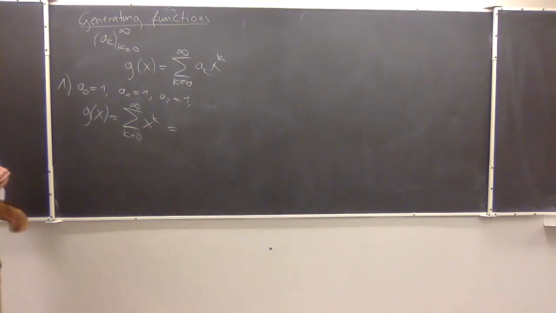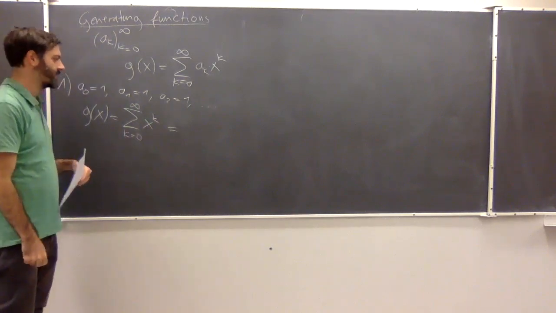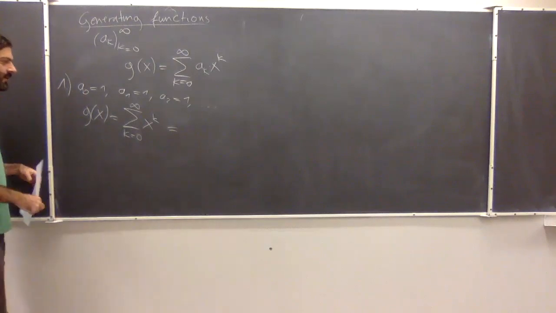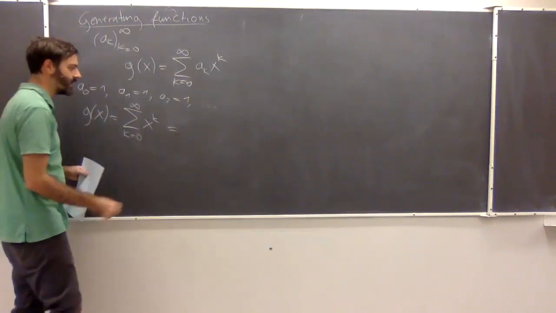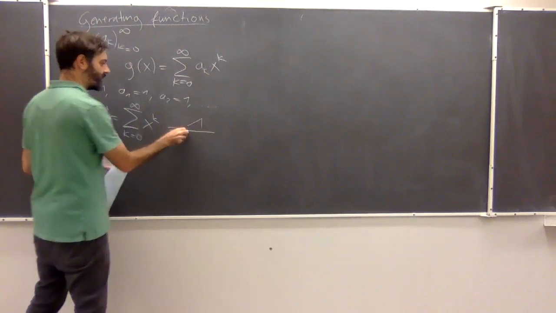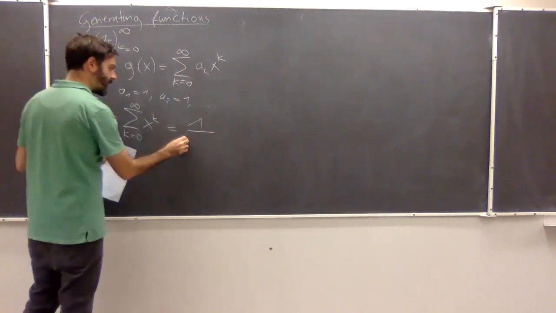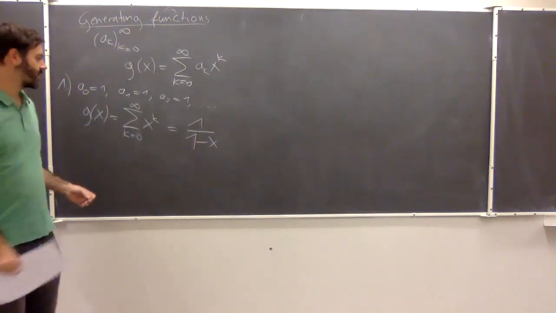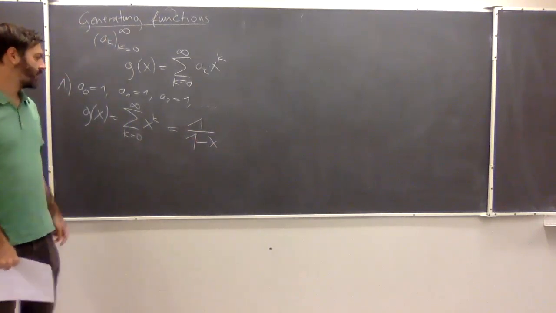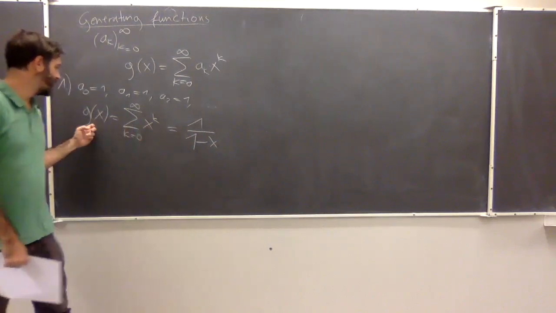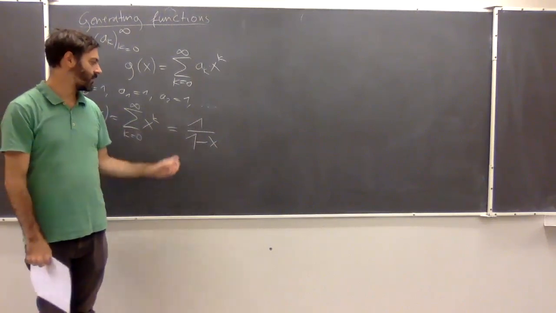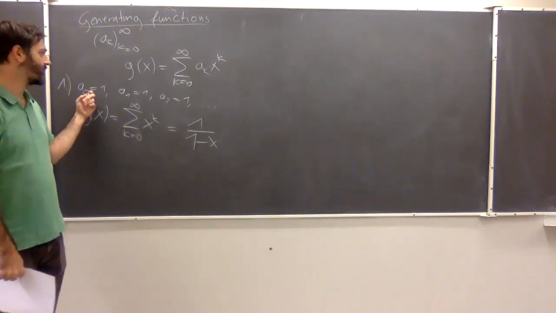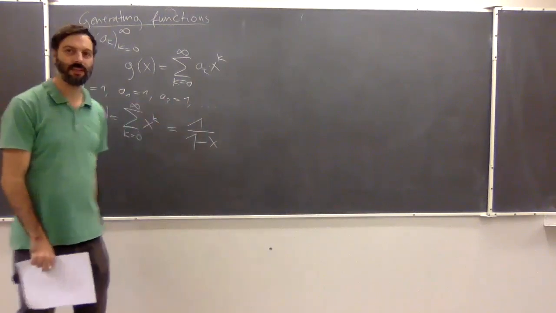If you look up your reference on the formula, maybe calculus 1, you find that this is equal to 1 over 1 minus x. So if I tell you g of x is equal to 1 over 1 minus x, then you tell me your secret message is 1, 1, 1, 1, 1, 1, 1, etc.